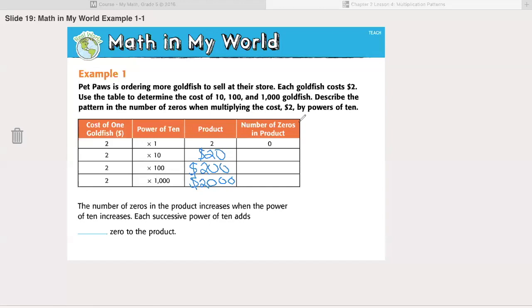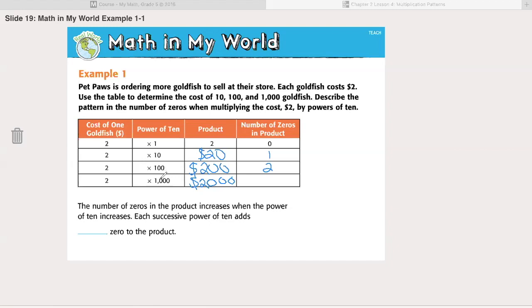What we are noticing here is the number of zeros in the product. At the power of 1, I do not have a single zero in the product. At the power of 10, I have 1 zero in the product. At the power of 100, I have 2 zeros in the product, 1, 2.